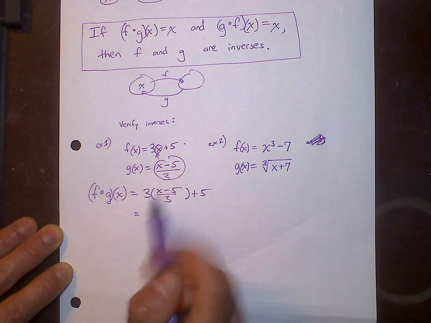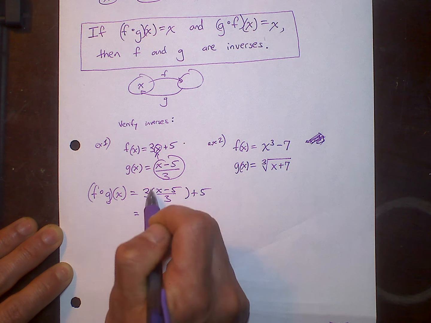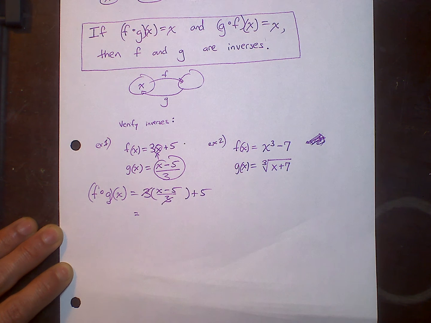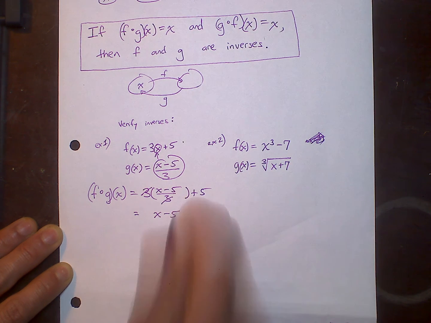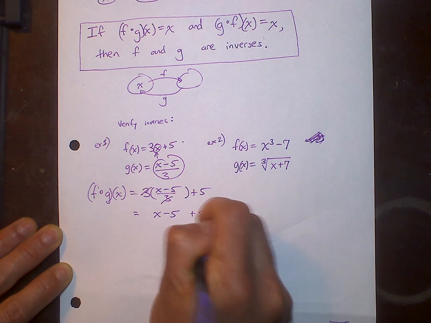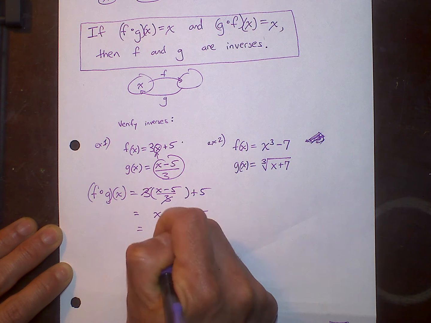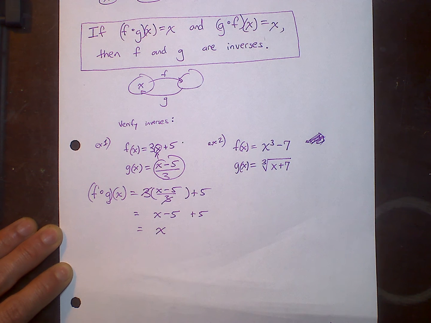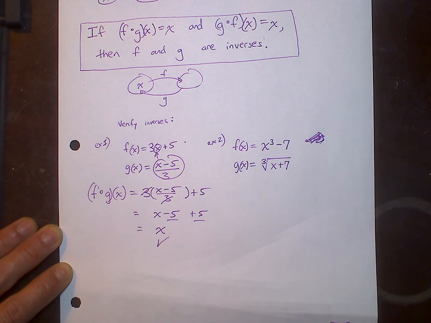I'm going to multiply the 3, and it's going to distribute to the parentheses, but it's really just going to cancel out that denominator. x minus 5. Bring down the other term. Combine like terms. And I'm left with simply what I wanted, x. So far, so good.